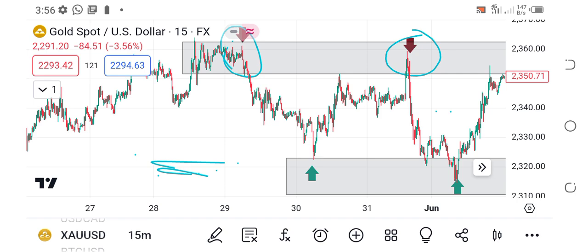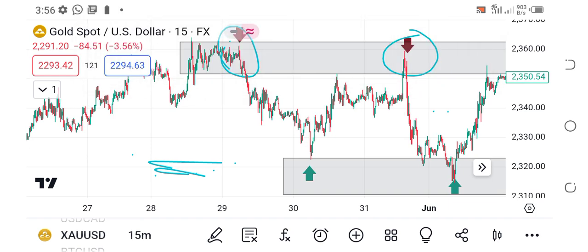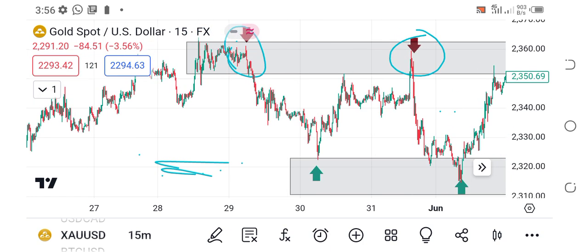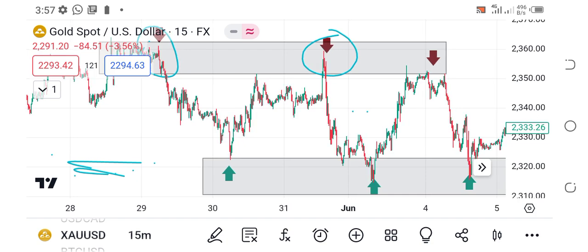There need to be at least 2 points where the market touches the resistance level before I'm going to be selling. As you see, market touched this resistance level the first time, the second time, and at the third time, that's when I'm going to be selling.